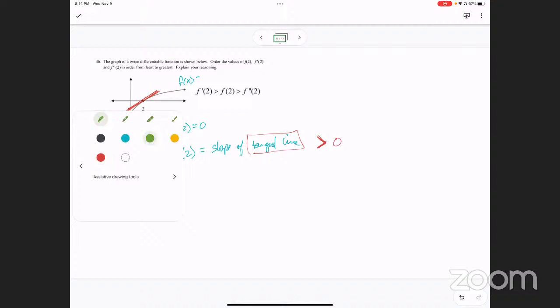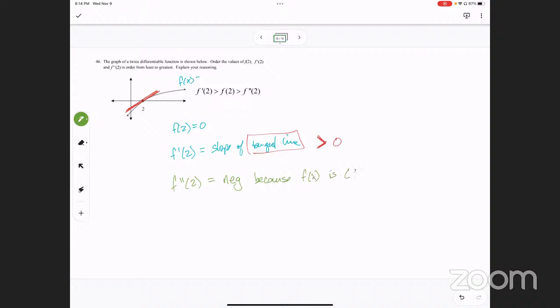And then what would the double derivative be? What does the double derivative have to do with? It has to do with the concavity. Yep. It's negative because of what? Because f of x is concave down at x equals 2. That's why.